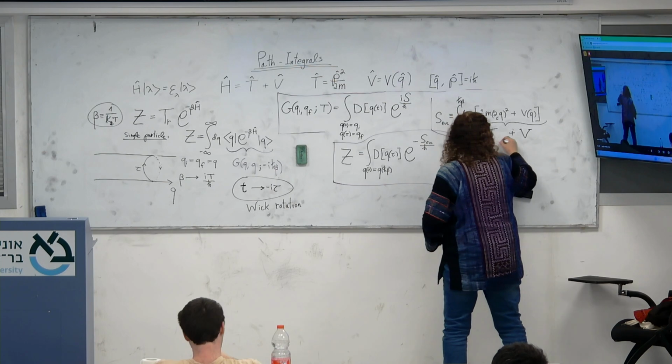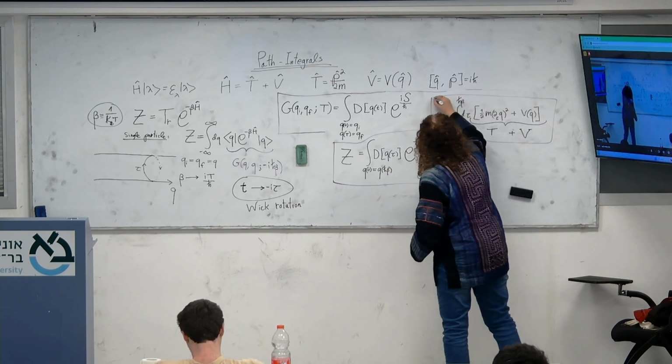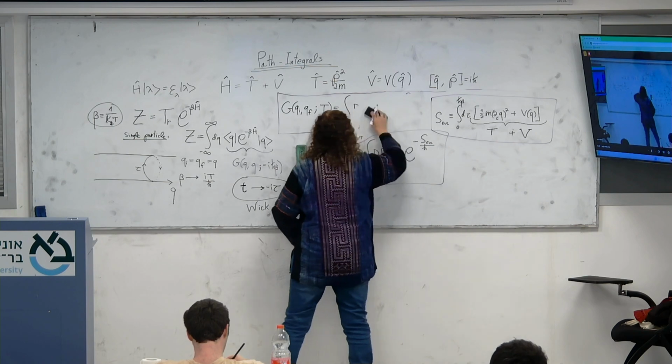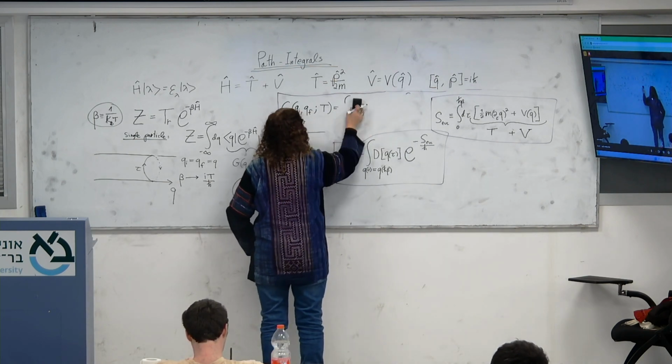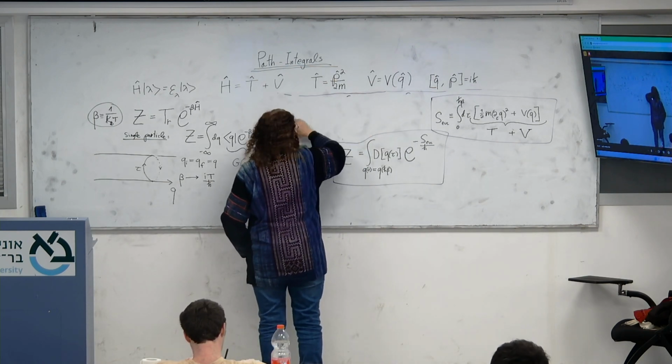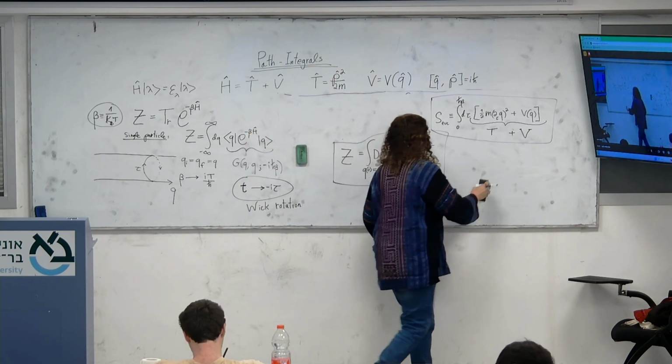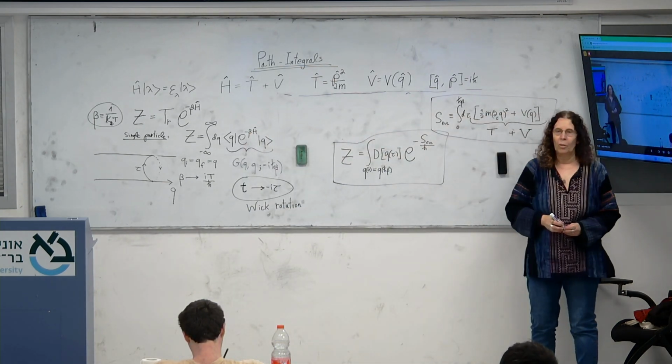And this is the definition of the Euclidean action. Okay? This I no longer need.